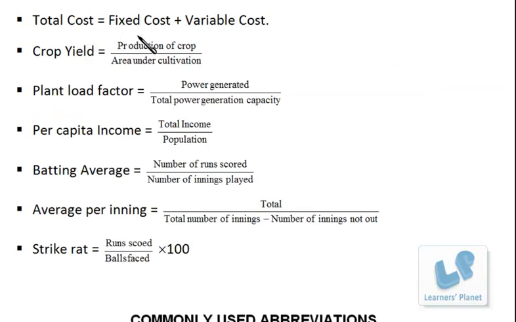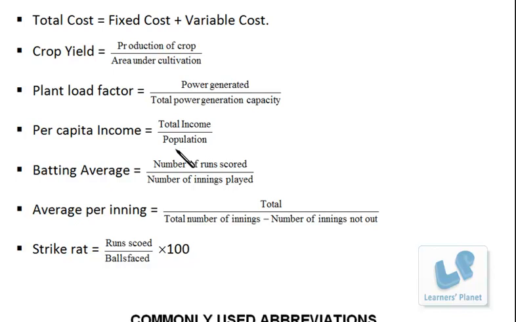Then total cost is equal to fixed cost plus variable cost. Crop yield is production of crop over area under cultivation. Then plant load factor. Per capita income is total income by population. Suppose the population of India is 1 arab, and the total income in a particular year is maybe 100 arabs.